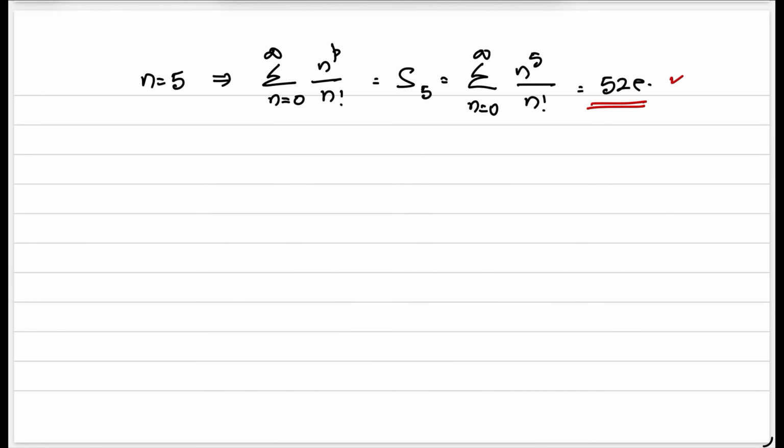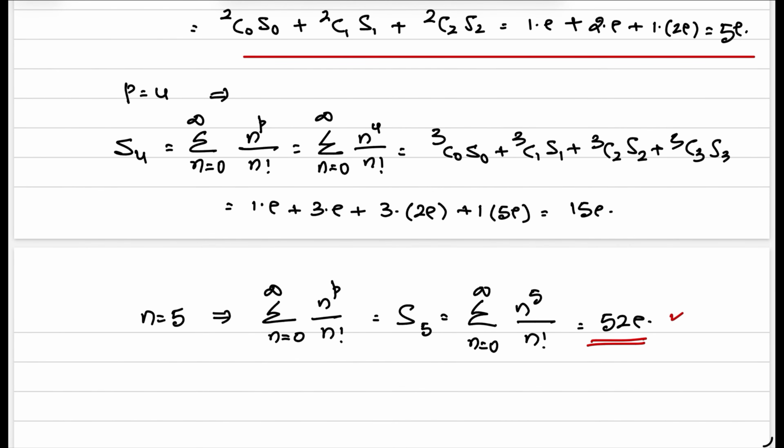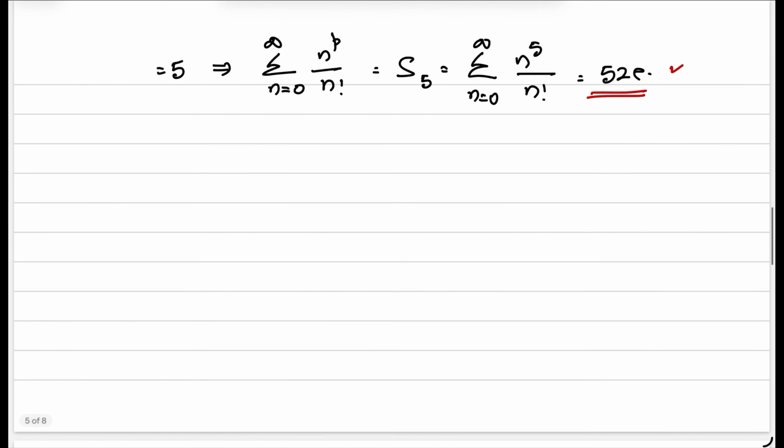This is 52e. Now, like this, it is not n, sorry, it is p. For example, p is equal to some m.